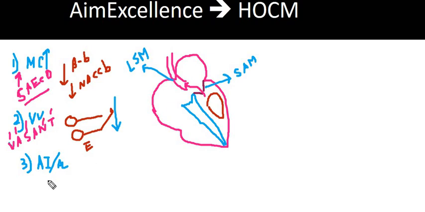And for the aortic impedance or afterload, the conditions which are going to increase this aortic impedance are the squatting position, sustained hand grip, and elevation of the arterial pressure by phenylephrine.